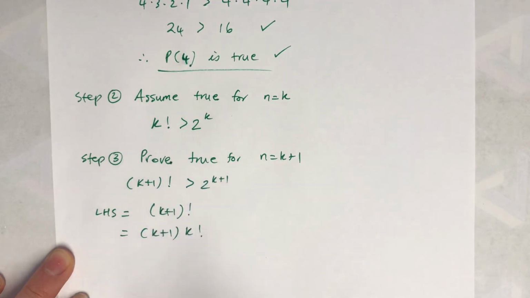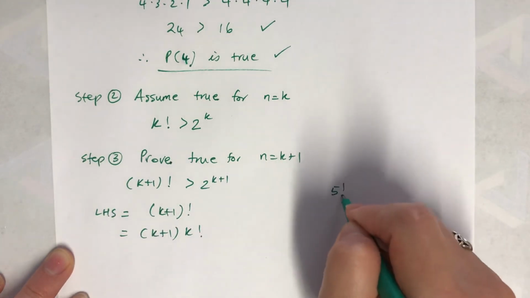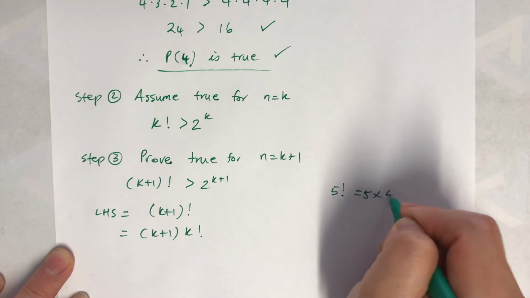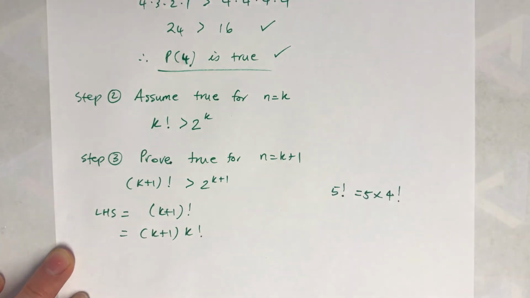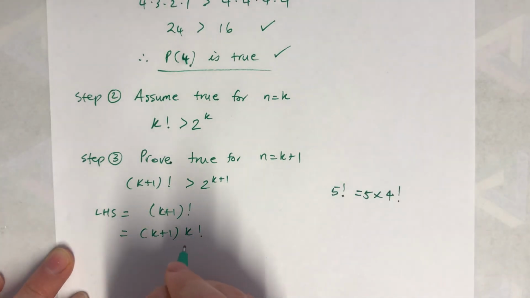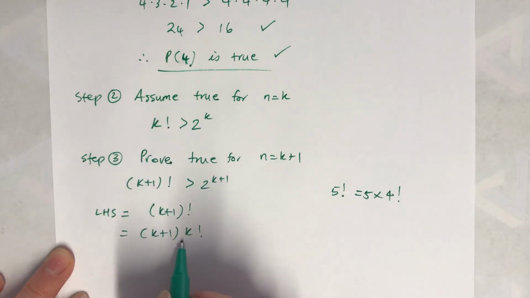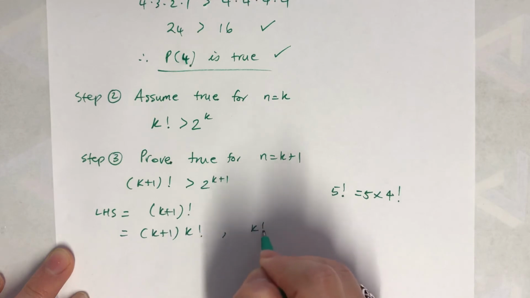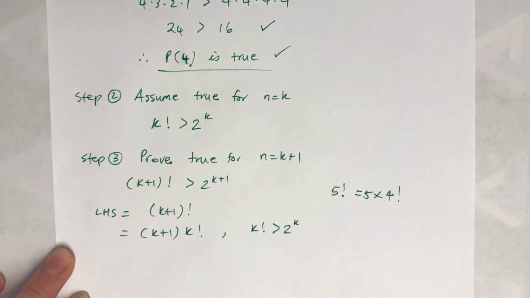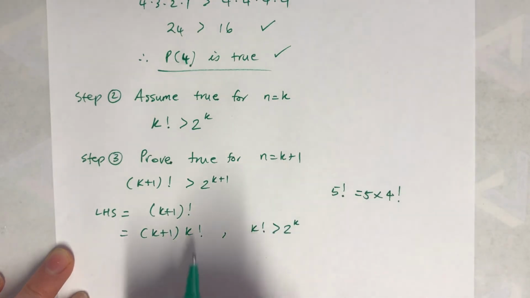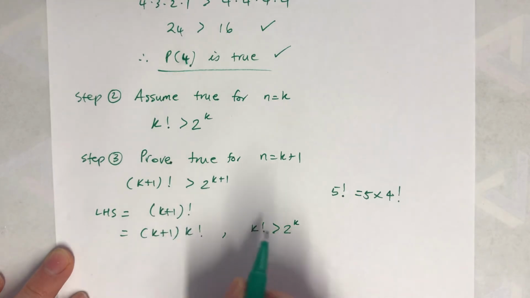in k. Remember, 5 factorial, you can write as 5 times 4 factorial. Okay, you can do that. So in this case, I'm going to replace it with this. k factorial is bigger than 2k. So I'm going to replace this k factorial with 2k.